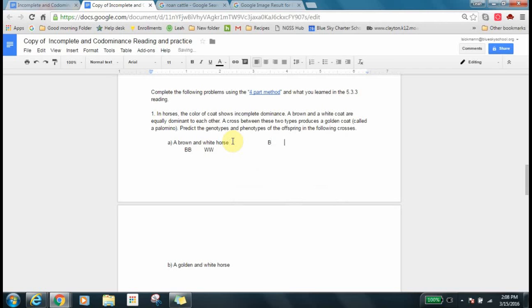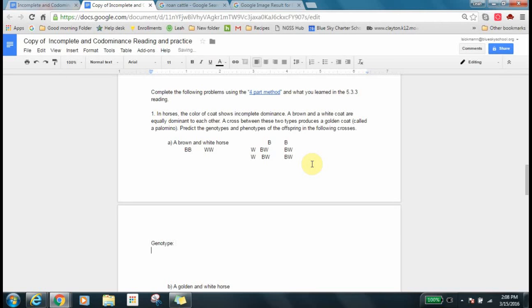You've got a brown, this is incomplete dominance, and a white. When you cross them, you're going to get palominos, which are considered a golden coat. When you cross the brown and white, they make a new combination, kind of like the white and red making pink. Okay, that's incomplete dominance.